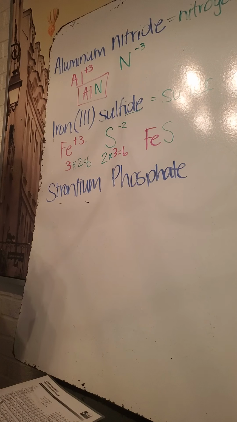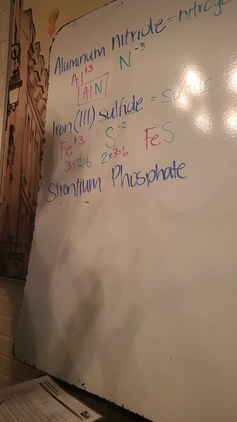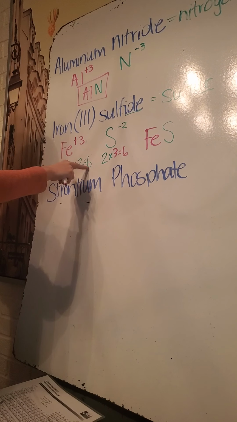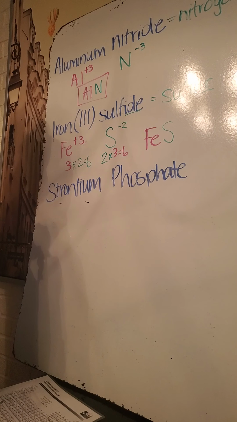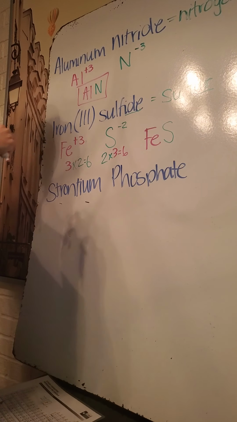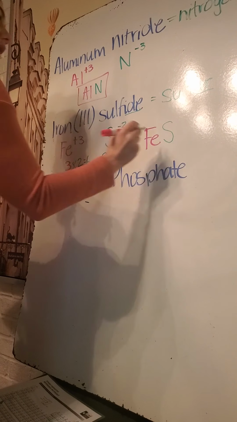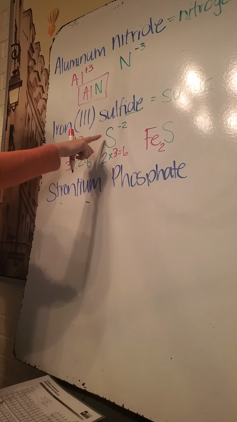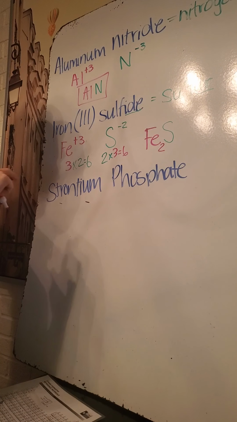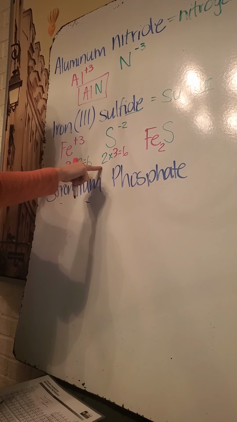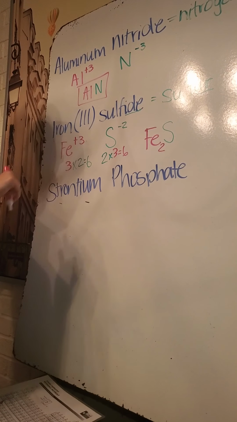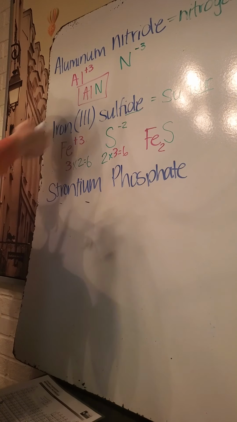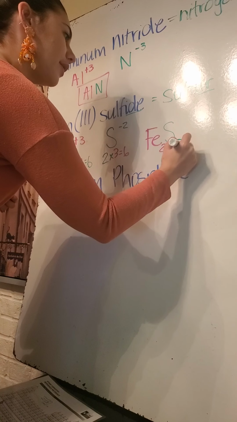We need 2 irons to get to 6 as our charge, so we're going to come over to iron and put a 2. Sulfur has a -2 charge, so we need 3 of them to balance out the ions. So this is going to become a 3.